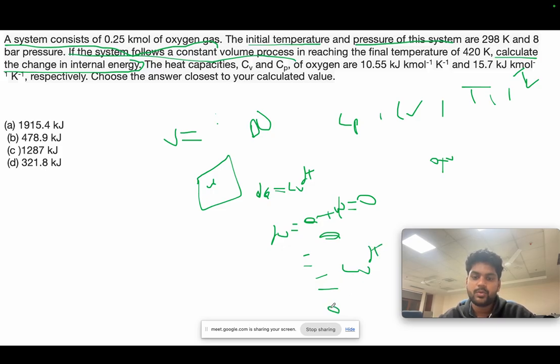You need to find out for the 0.25 kilomole, so you need to multiply this one.